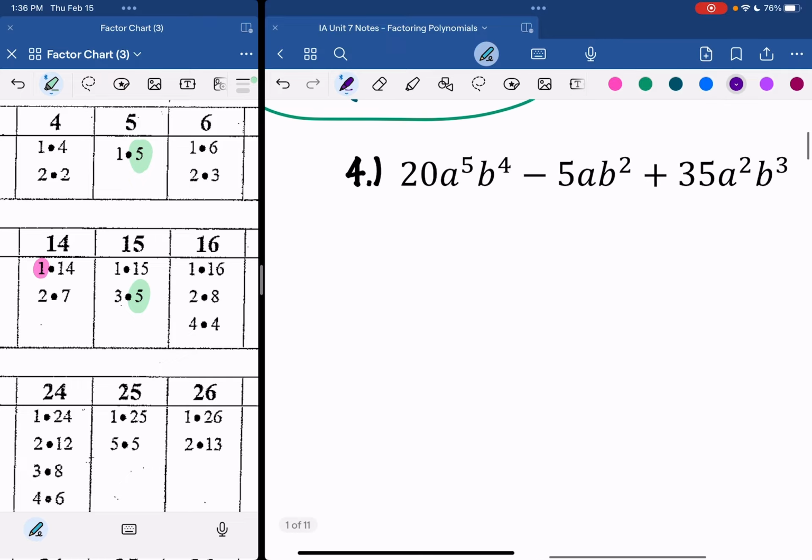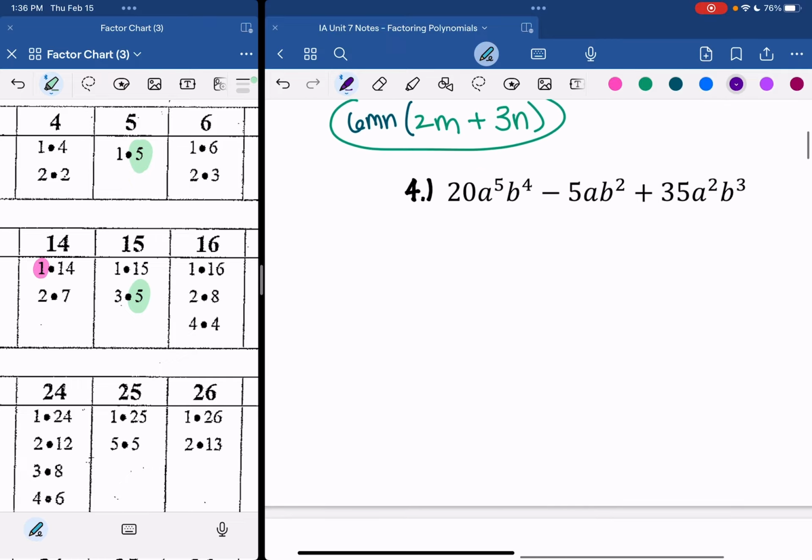Okay, number 4. So our greatest common factor. If we look at all of these, again, our greatest common factor is going to be a 5. We have an a in every single one, so we have 5a. And if we look, we do have a b in every single one, and our smallest b is a b squared.